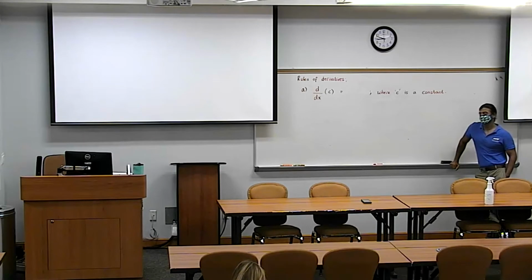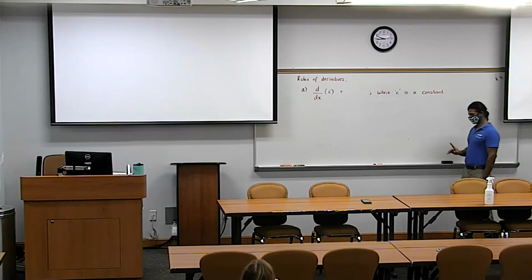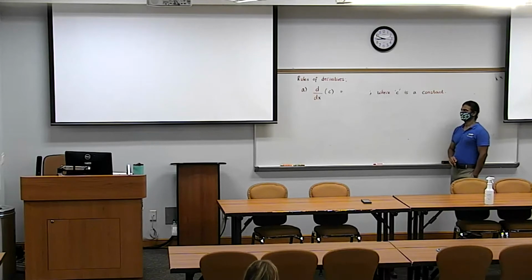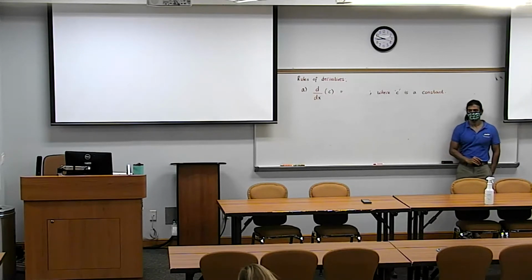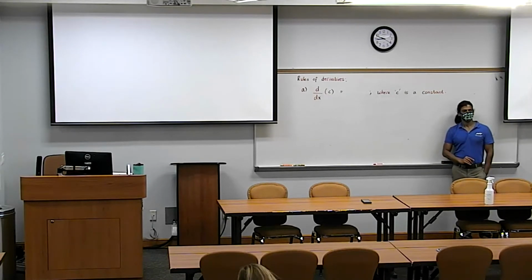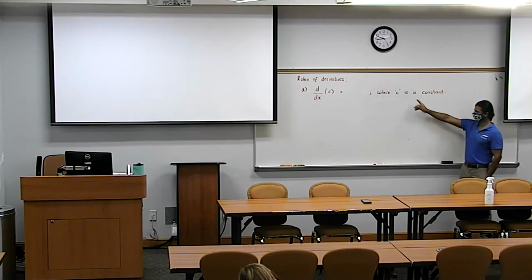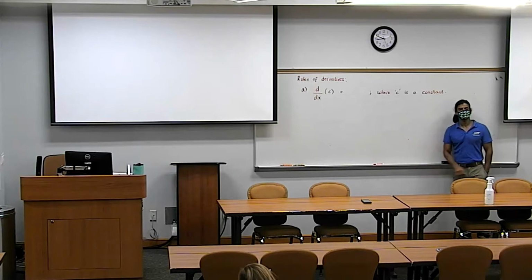Even before I give you the answer, can someone tell me what the answer should be? Think. Derivative means the instantaneous rate of change at a single point. And I'd like to find the rate of change of a constant with respect to the variable x.